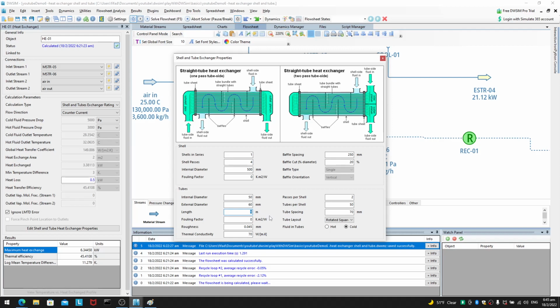So instead of 5 meters, I should be able to reduce this to 2 meters. There will also be a fouling factor on the tube side.